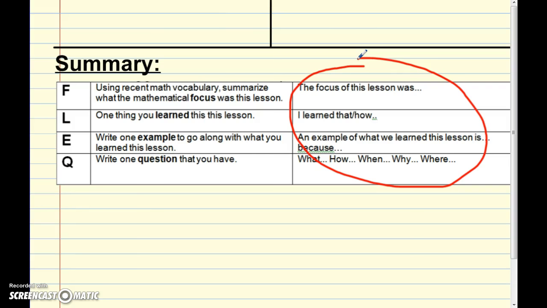One thing you learned, or that was emphasized, or that you solidified. An example in your own words, or your own example, not one that's in the previous slides. And then one question to extend your thinking. Maybe it's a question about how something can get clarified, but maybe it's an extension, like a what would happen if, or when I see this in a problem, then what do we do?